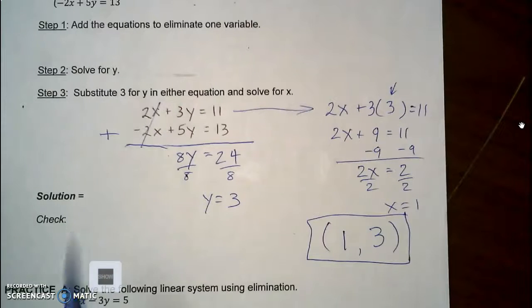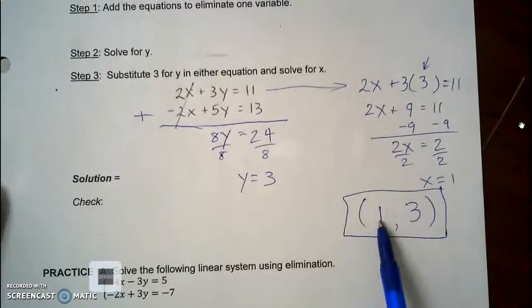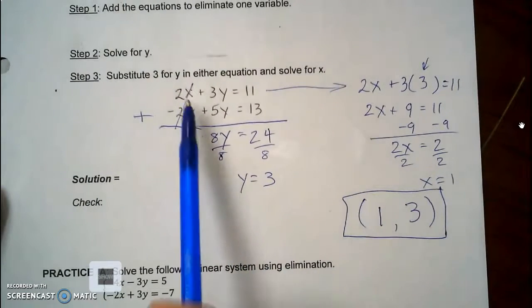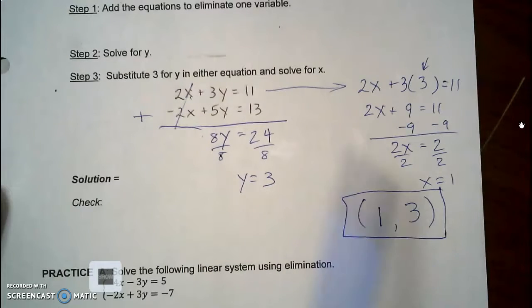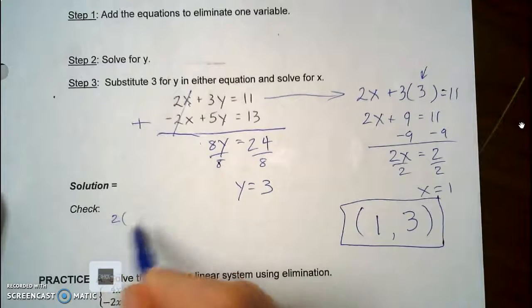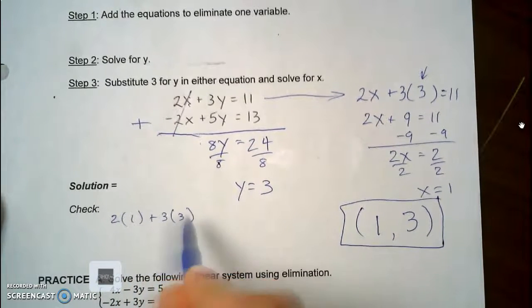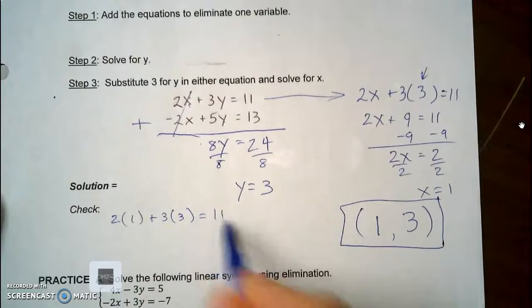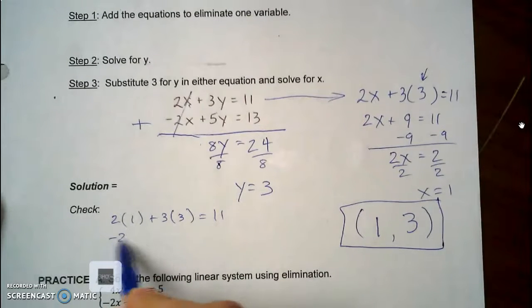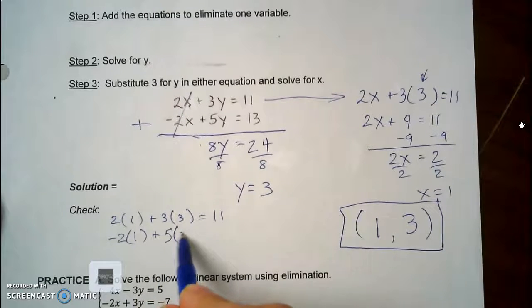And here's the check. If I put 1 in for x, and 3 in for y, in both of them, it should balance. So let's see. So the first one, 2 times 1 plus 3 times 3. I'm just putting the x and y number in and see if it's right. In the other one, I have negative 2 times 1 plus 5 times 3.